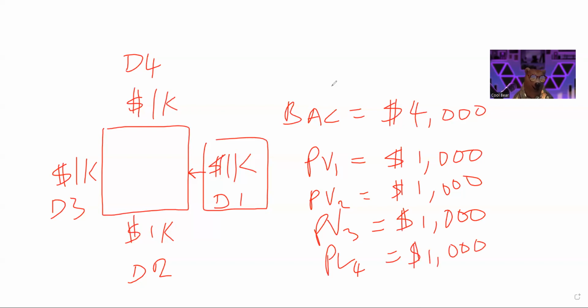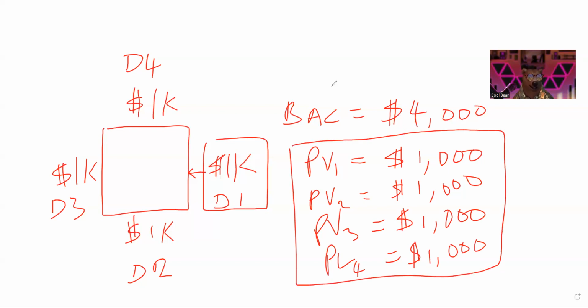So what could you summarize looking at this? You can summarize that the budget at completion is the cumulative planned value. In other words, cumulative planned value is the same as budget at completion.